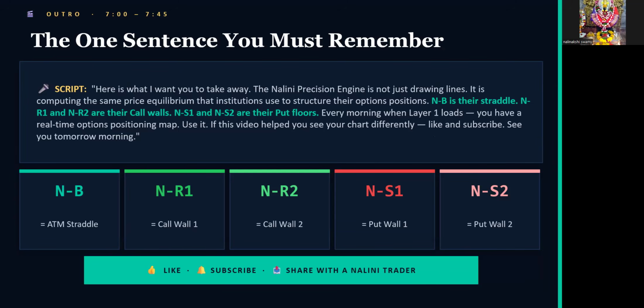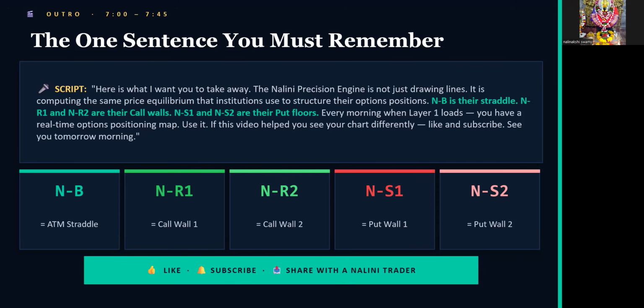So my indicator is very, very powerful, and it is like live option data. You can track your trades with the help of the Nalini Precision Engine and rolling pivots and all those things. Gann, Hilo, trend also you can identify. It is a complete structure system. You need not struggle, but you need to understand what it is. When you understand thoroughly, you can trade better.